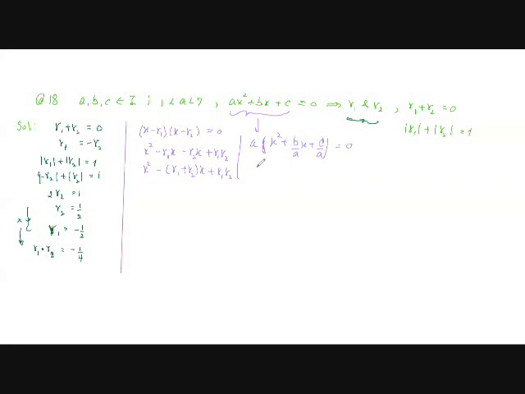So you have minus (R1 plus R2) equal to B over A. At the same time, R1 times R2 will equal C over A.